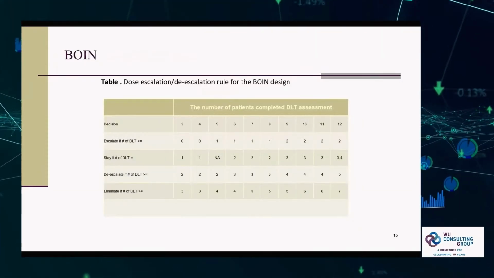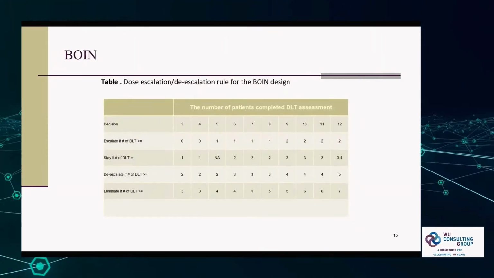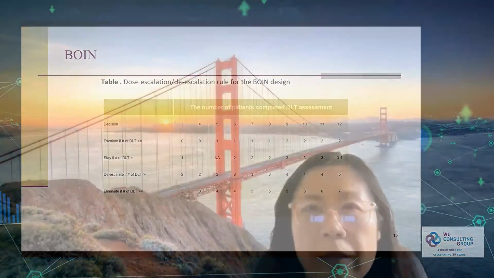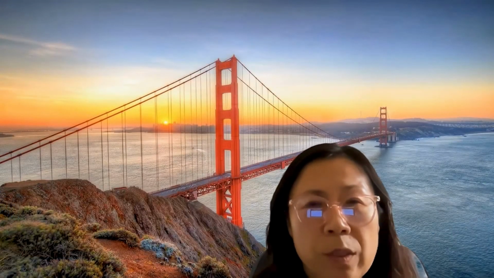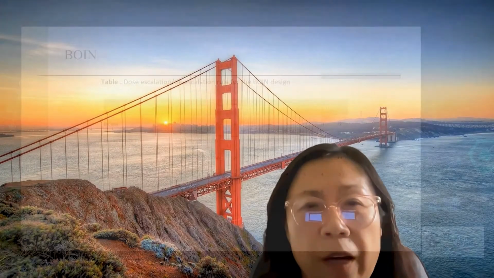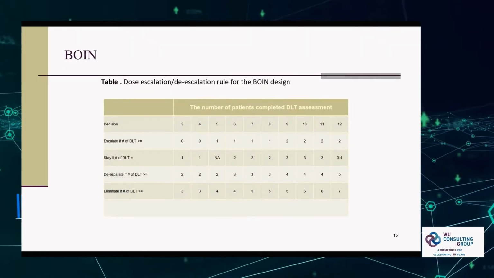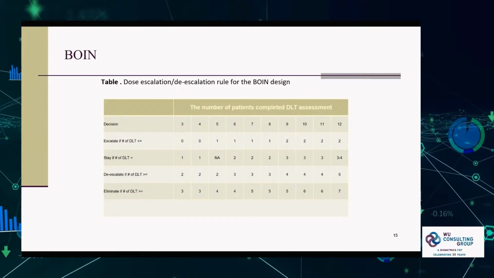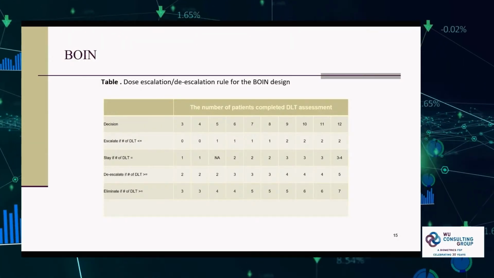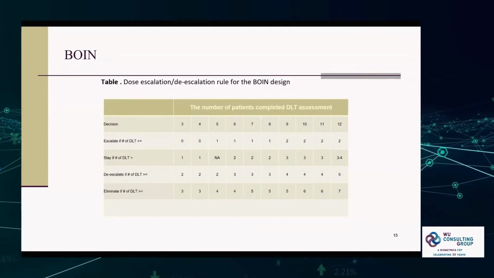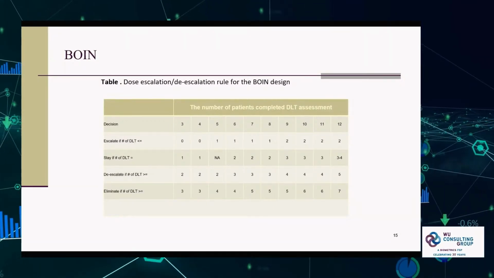For the BOIN design, you would have an associated decision table, comparable to the 3+3, right? Physicians would have this table to see, okay, I have treated, for example, 5 patients, then I would escalate if I observed a maximum of 1 DLT. But I would stay at the current dose level if I observed 2 DLTs. And I would de-escalate the dose if I have observed more than 2 DLTs.